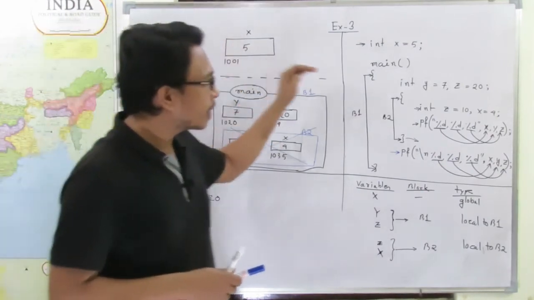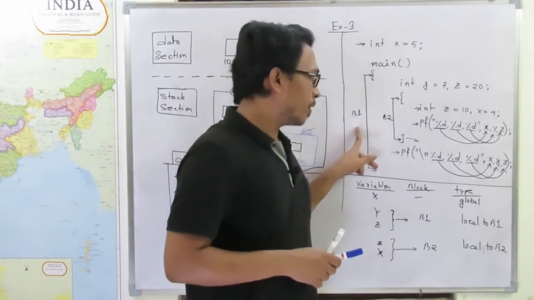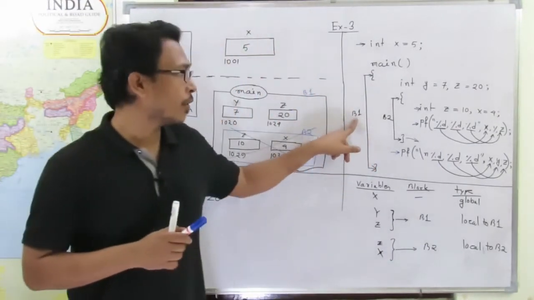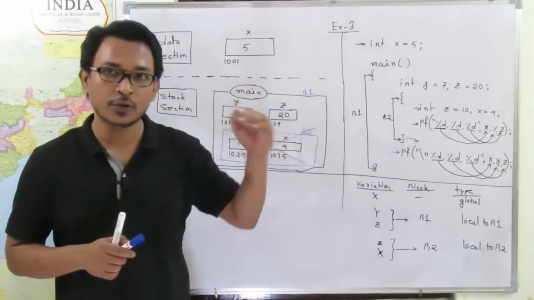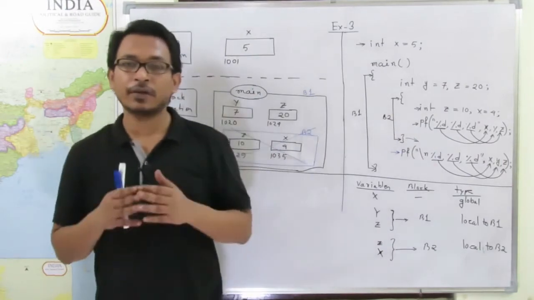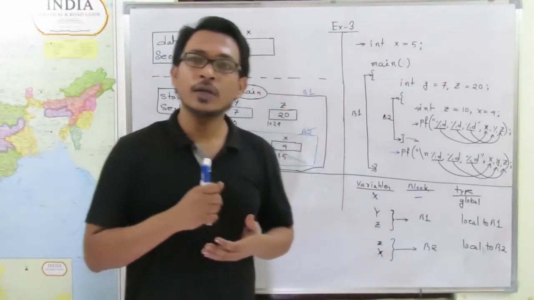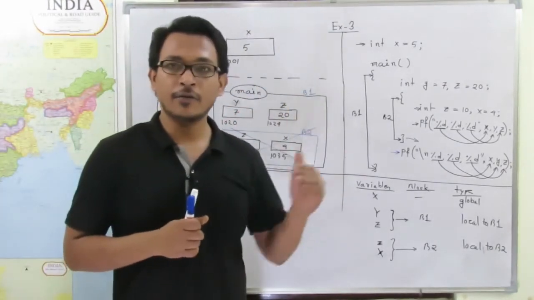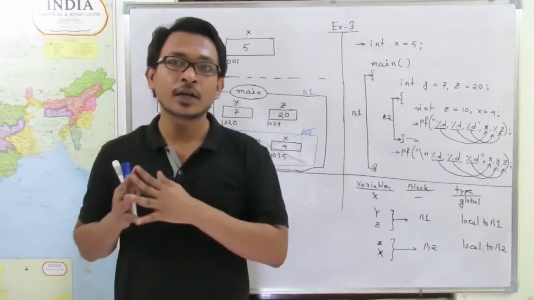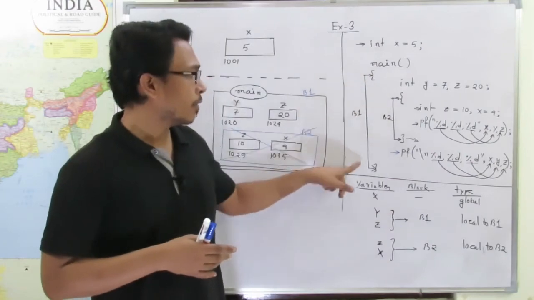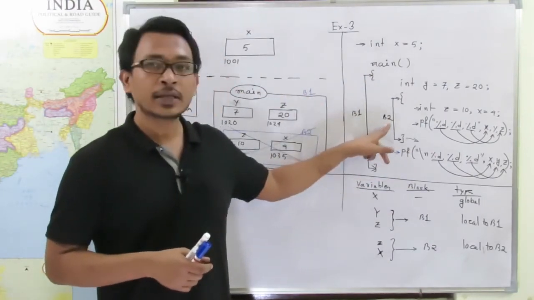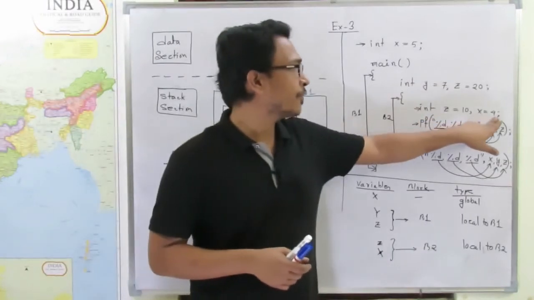But when we work inside the B1 block, not inside the B2 block, and inside the B1 block there is no variable declared with the name x, whenever we use the variable x, at that time the system will take that variable from the data section, as it is not available locally or inside the B1 block. But that is not the scenario in case of the B2 block, because in the B2 block we already declared the variable x.